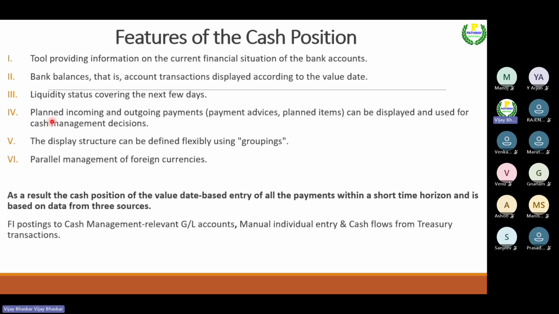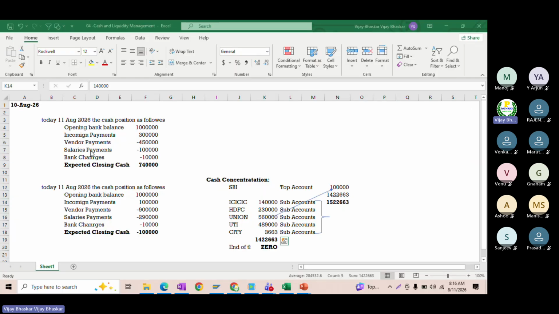Now, planned incoming and outgoing payments. If any planning has been done for future incomings and outgoings, then payment advices and outgoing payments can be displayed and used for cash management decisions. One example I gave a while ago was the GST payments.